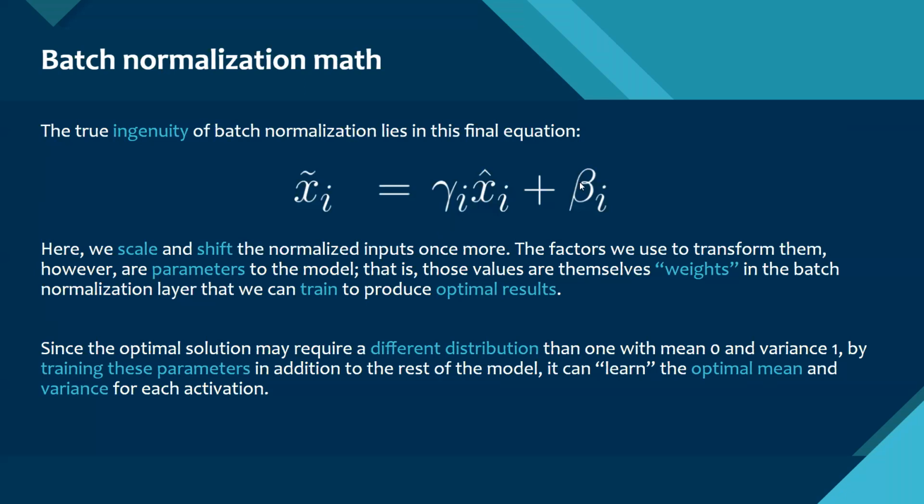And these can be learnable parameters. As we train the model, it'll learn what the mean and variance of the distributions should be. These aren't hyperparameters. In the math, you can calculate the gradients for these parameters and apply them as you would with gradients.